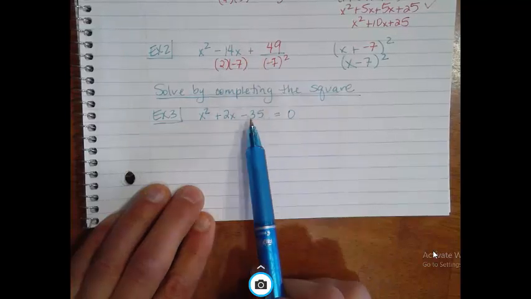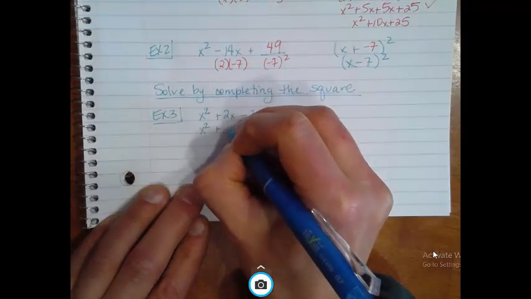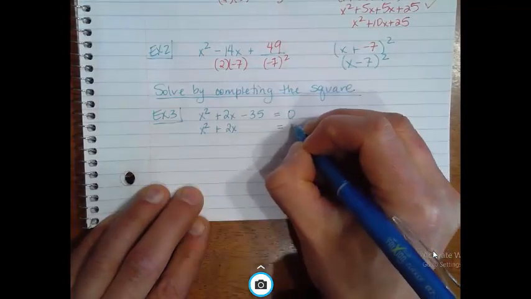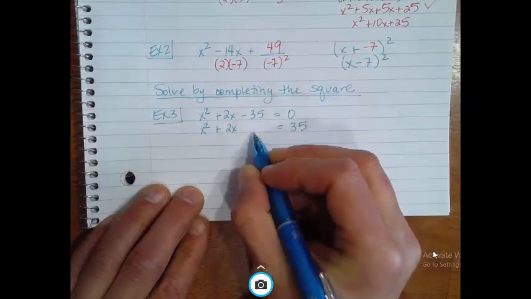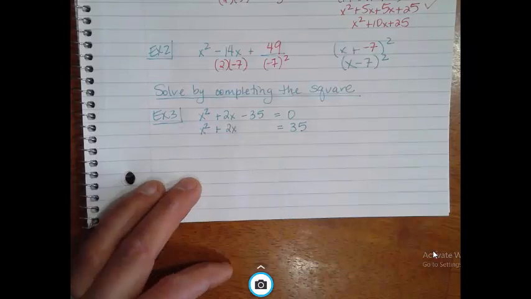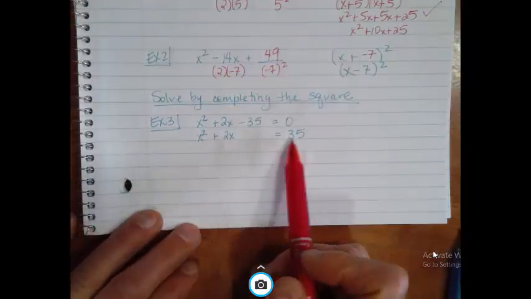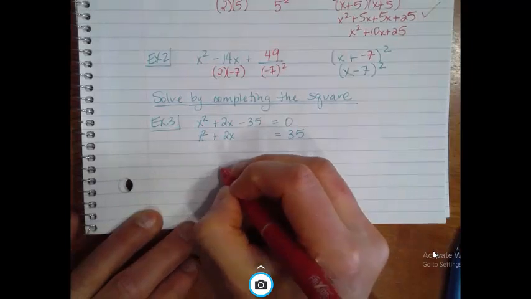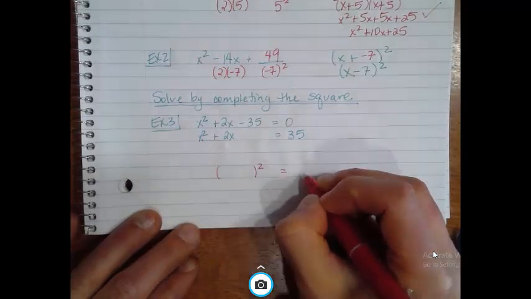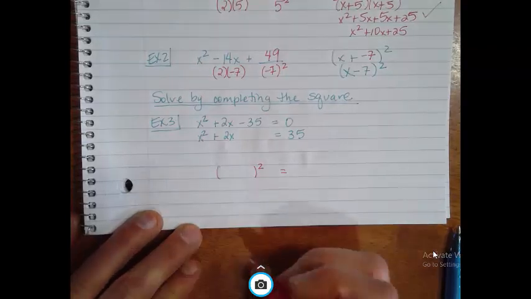I'm going to get this 35 to the other side, so I'm going to write this as x squared plus 2x equals 35. I'm going to leave a blank here, and ask myself, what needs to go here so that this side is a perfect square? My goal is to write this as something squared equals some number over here, which I don't know yet.